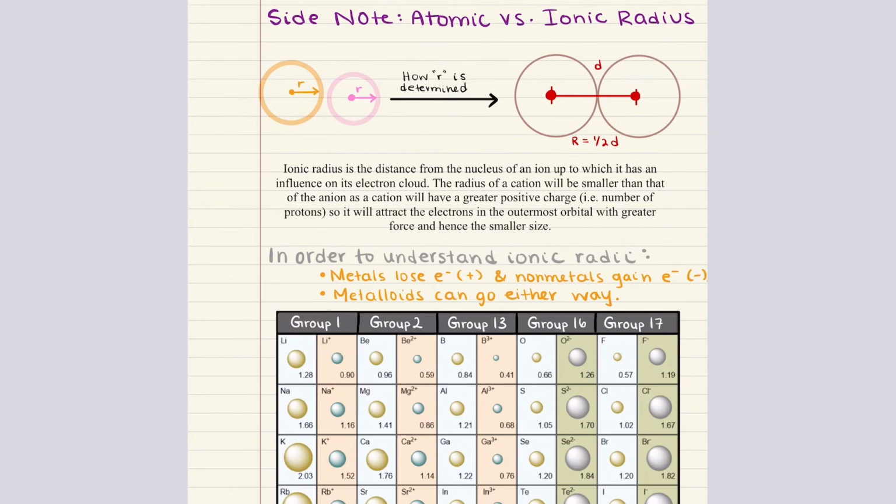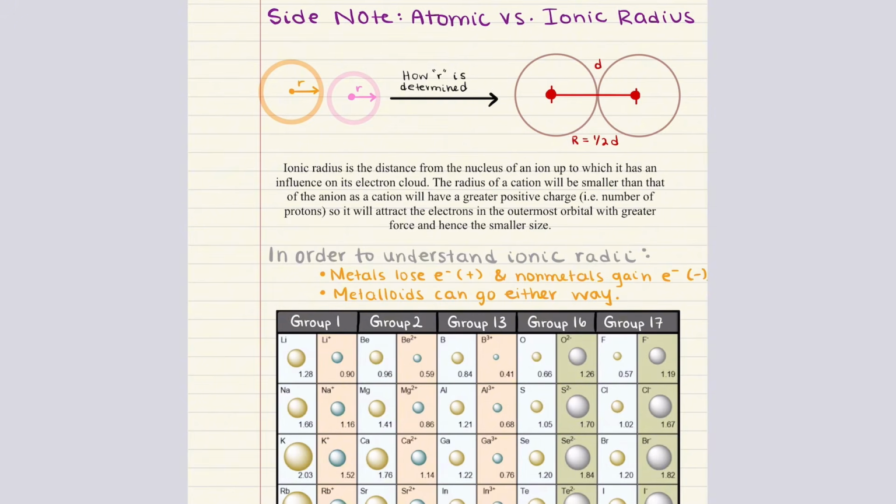Instead, we measure the atomic radius as half the distance between the nuclei of two identical atoms that are briefly in contact with each other. So we take that distance from nucleus to nucleus, and the radius is half that distance. So that's how we practically measure atomic radius.